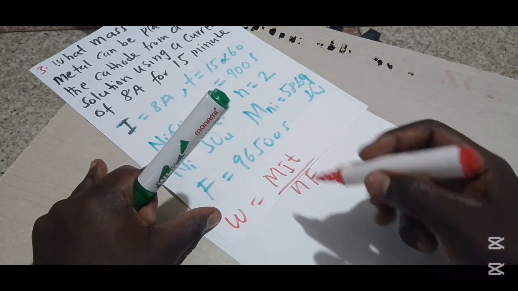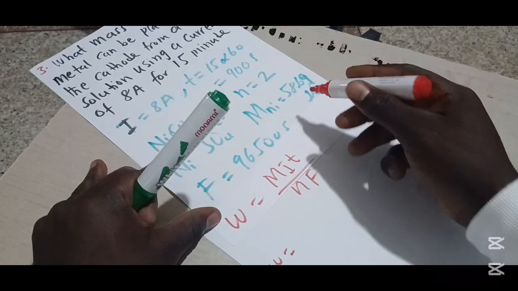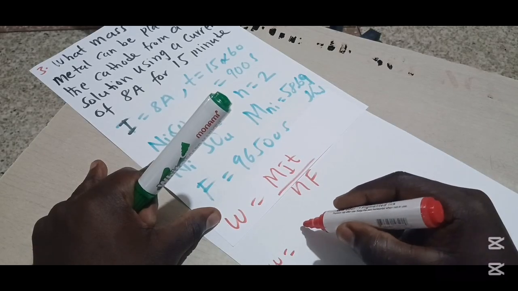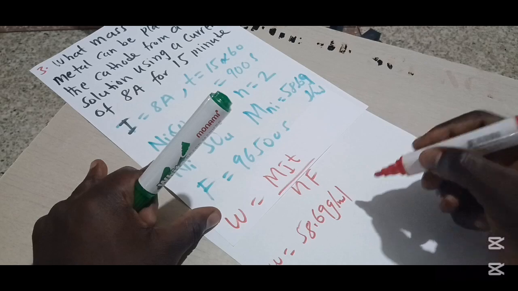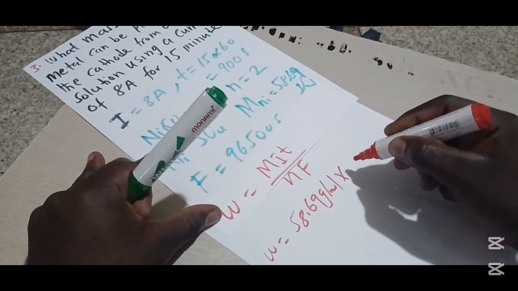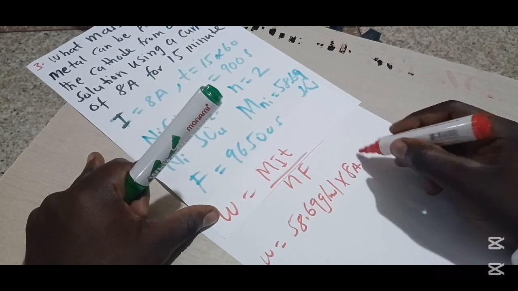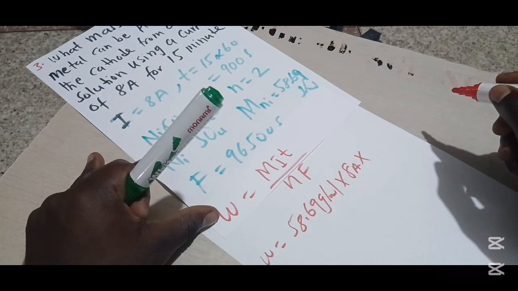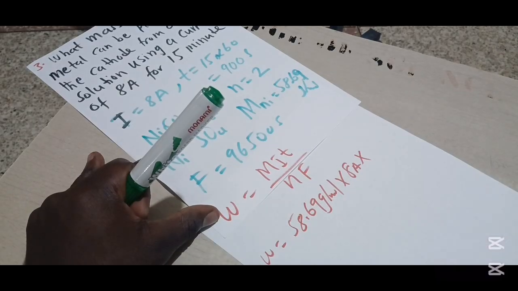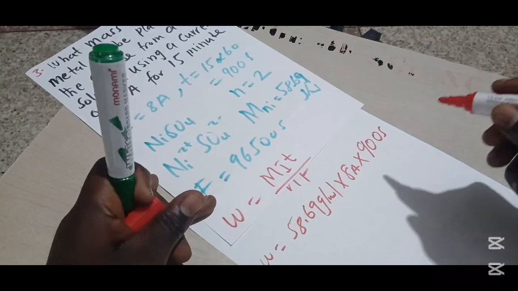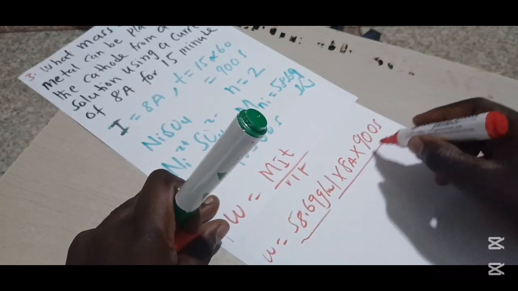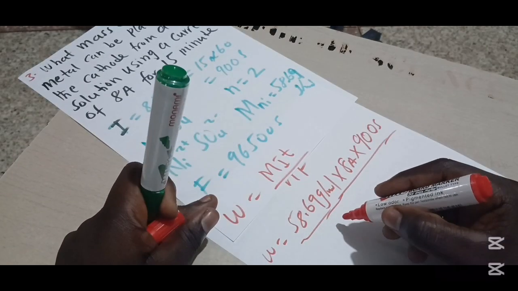So we know our molar mass to be 58.69 gram per mole, multiplied by our current, which is 8 ampere, multiplied by time, which is 900 seconds, all divided by our n factor and then Faraday's constant.